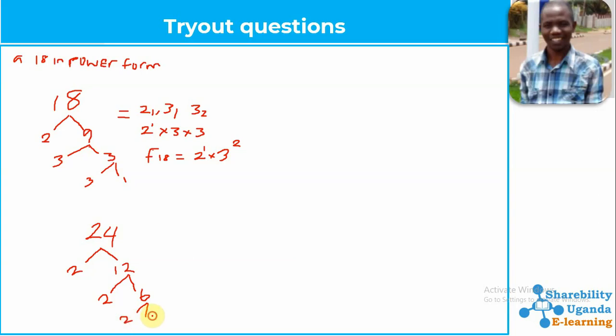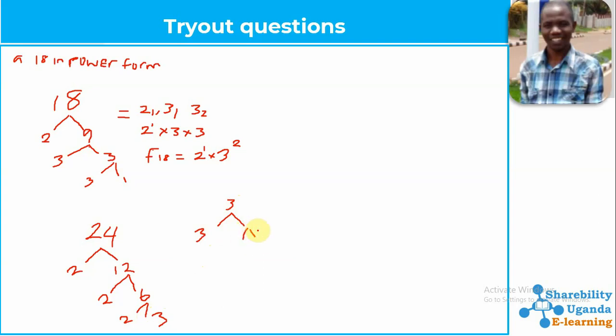We shall be able to get 3. We are also still going to divide our 3. The lowest number we can divide 3 by is 1.